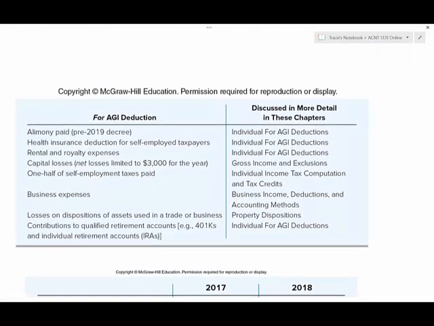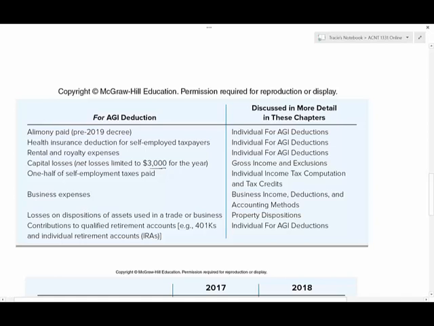So some common for AGI deductions: alimony paid if it's prior to 2019, health insurance paid by self-employed taxpayers, rental and royalty expenses, our capital losses limited to $3,000, self-employment taxes, business expenses, losses on trade or business, contributions to qualified retirement accounts.